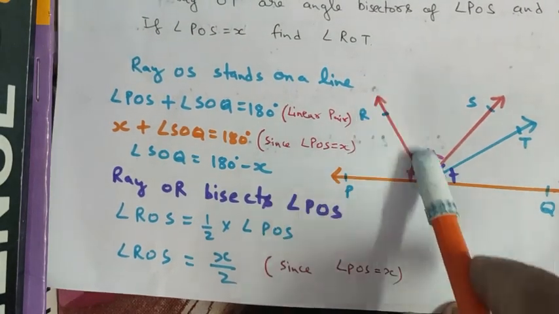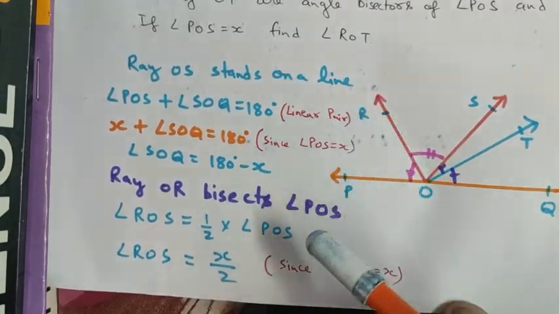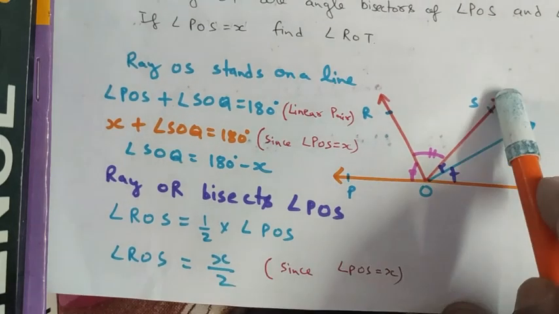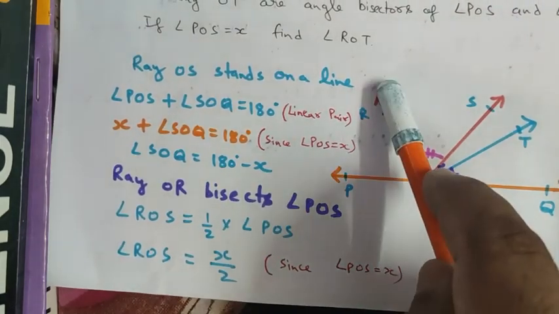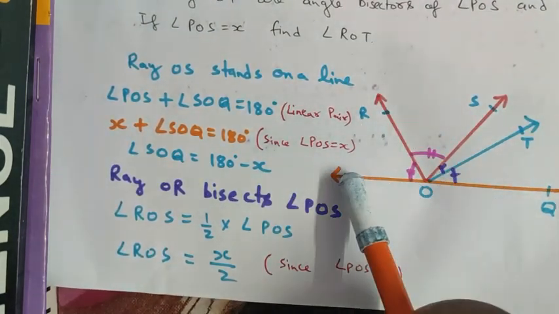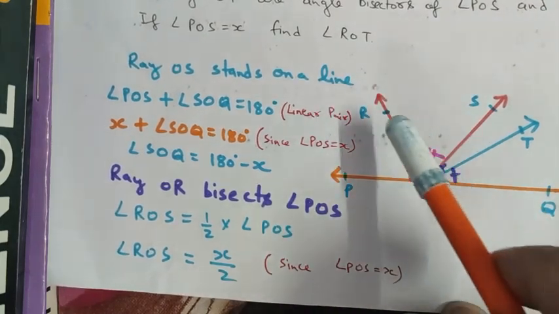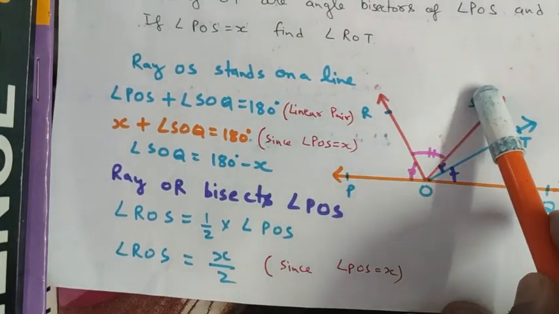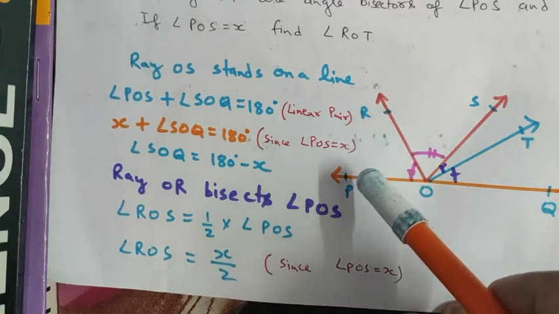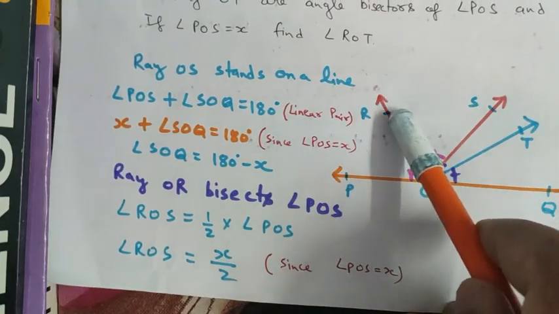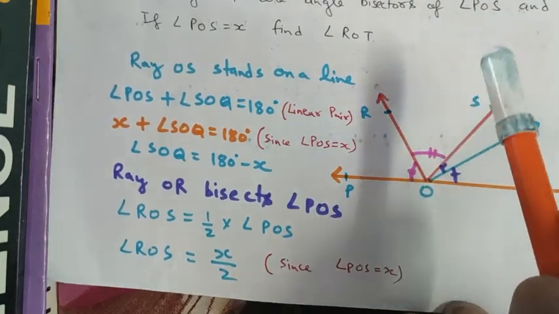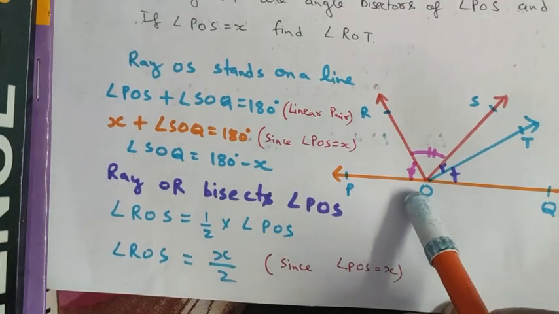Similarly, in the question it is also given that ray OR is the bisector of angle POS. If ray OR is the bisector of angle POS, that means angle POR will be equal to angle ROS, and we can also say that angle ROS is equal to half of angle POS.